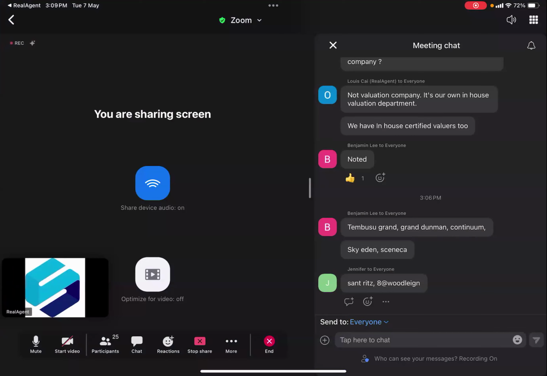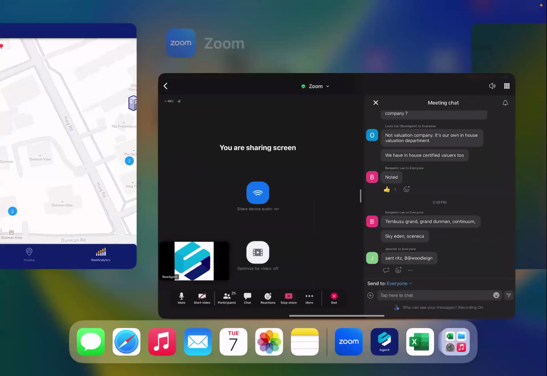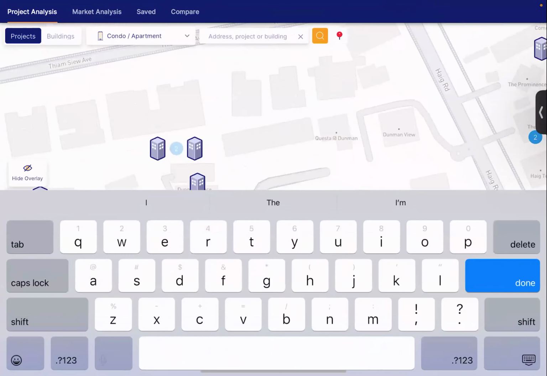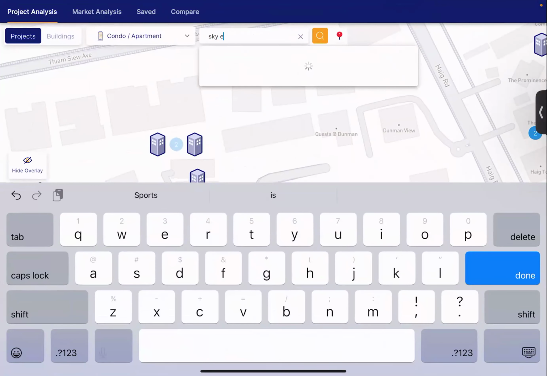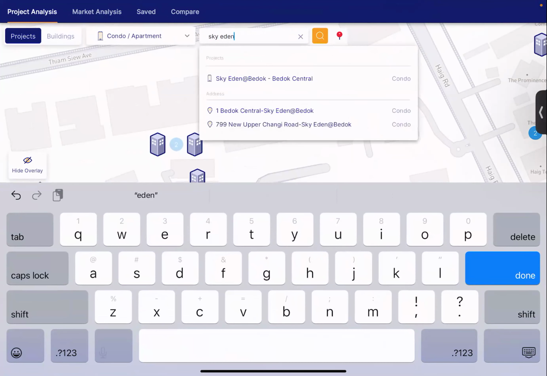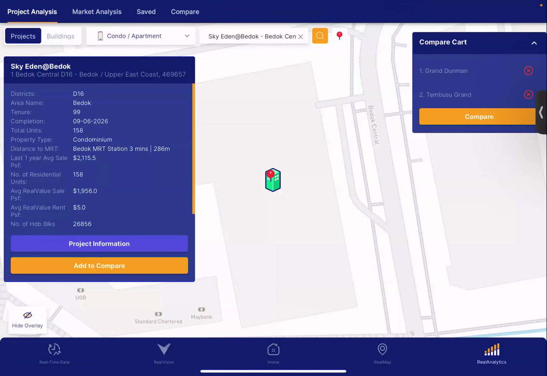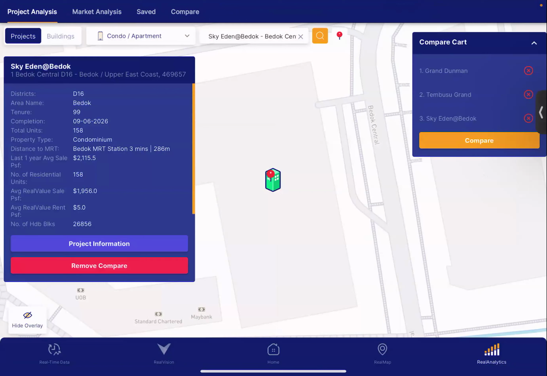Let's try Sky Eden. You see, the 3 that I selected already have some transactions, so I can compare. If there's no transaction, there's nothing for me to compare. So I just take these 3 to show you first.